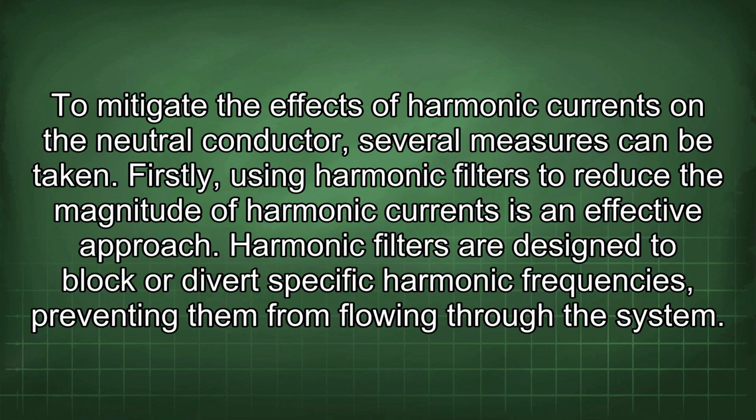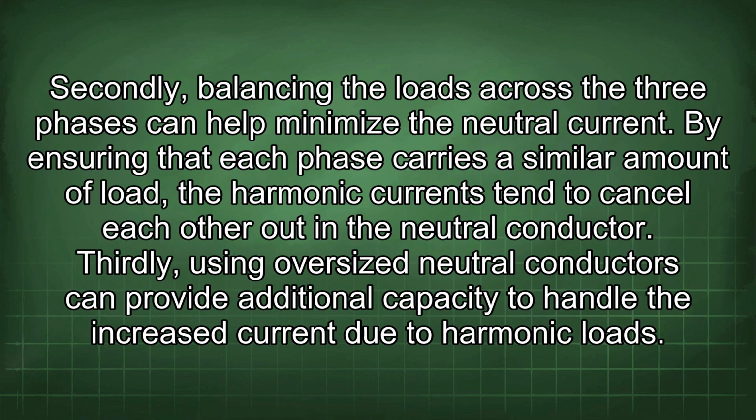To mitigate the effects of harmonic currents on the neutral conductor, several measures can be taken. Firstly, using harmonic filters to reduce the magnitude of harmonic currents is an effective approach. Harmonic filters are designed to block or divert specific harmonic frequencies, preventing them from flowing through the system. Secondly, balancing the loads across the 3 phases can help minimize the neutral current.